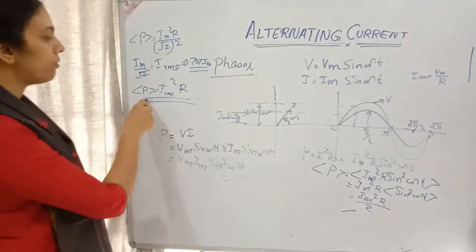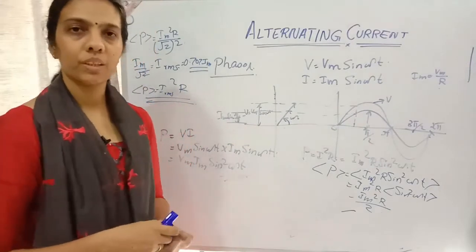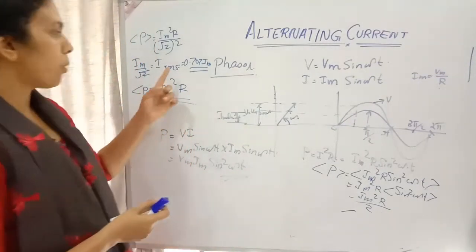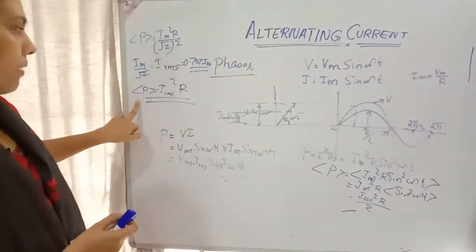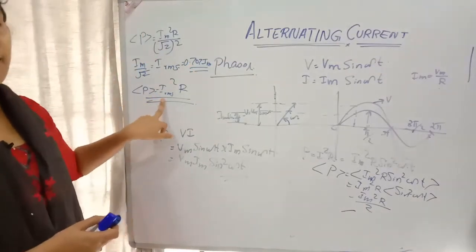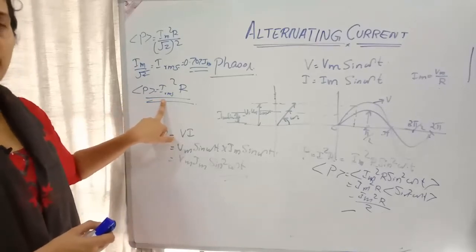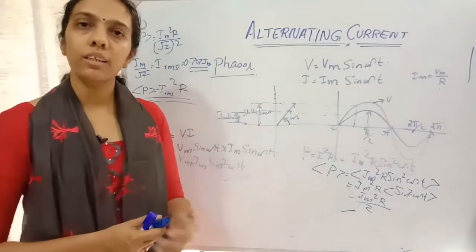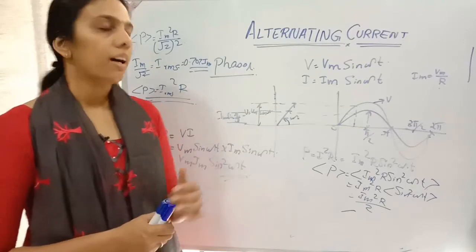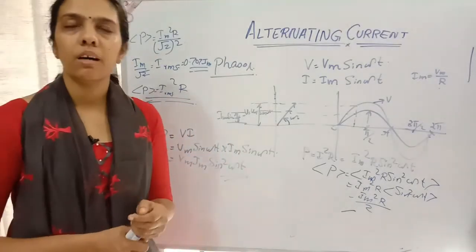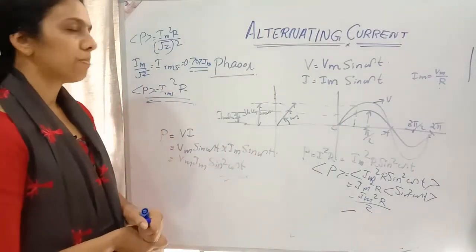If we write in this manner, we get that uniformity, I square R. So average power equals I square R, where I is the RMS value of current, the root mean square value of current. It tells how much heat energy is produced for an average current. That is called IRMS. The average value of power equals IRMS square R.